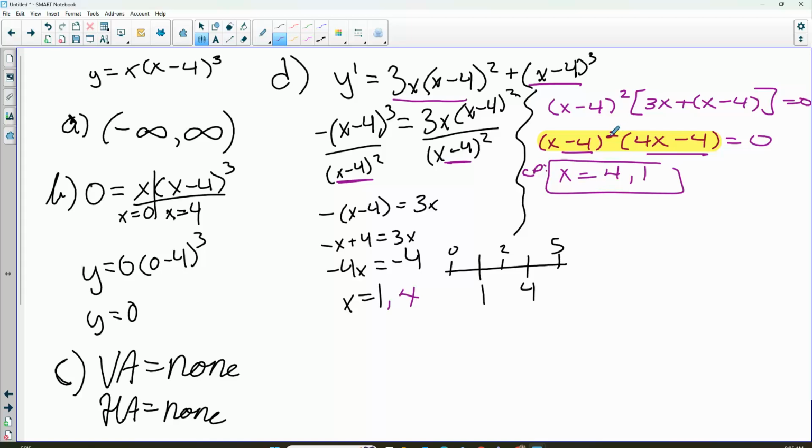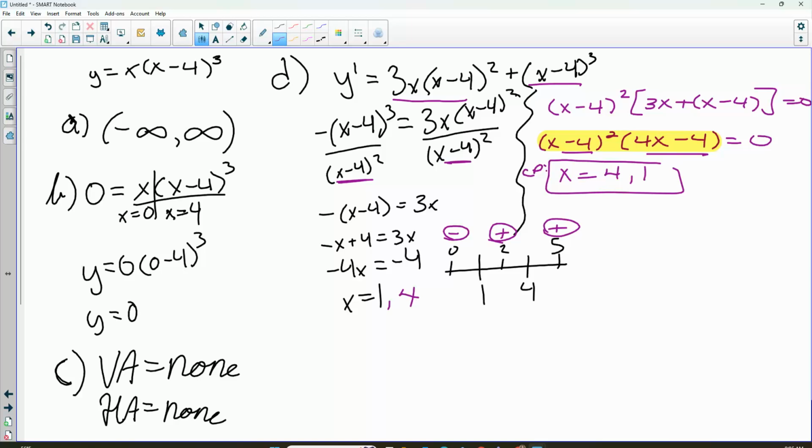Negative 4 squared is positive, 0 minus 4 is negative, so a positive and a negative would make negative. If we put in a 2, 2 minus 4 is negative 2, squared is positive. 8 minus 4 is positive, so that's positive. Put in a 5, 5 minus 4 squared is positive, 20 minus 4 is positive, so we get positive.